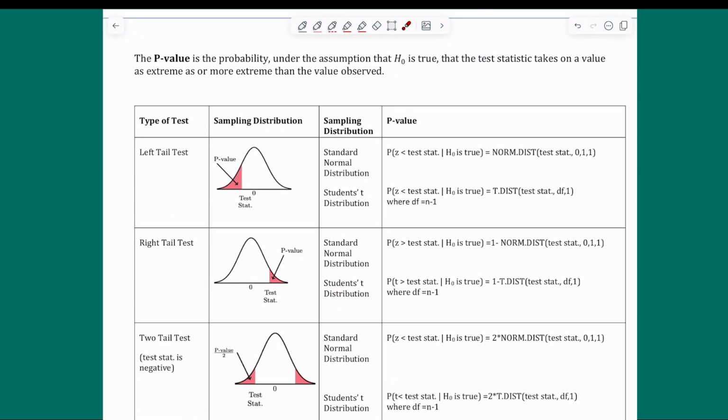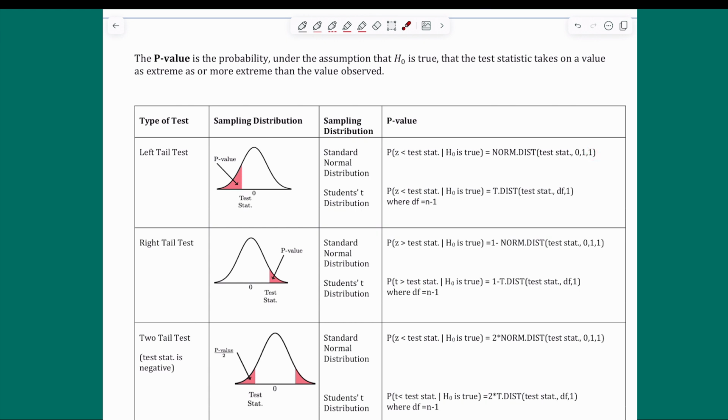If you're conducting a left-tail test, that means typically your test statistic is going to be negative, and the p-value is going to be to the left of it. If this is the standard normal distribution, then the p-value is what's called a conditional probability. It's the probability that z is less than the test stat given that the null hypothesis is true. If you use, say, Excel, you would find that p-value with NORM.DIST, the test statistic, 0 and 1 for the standard normal distribution, and then the last argument, a 1, just means true, and that will return the p-value.